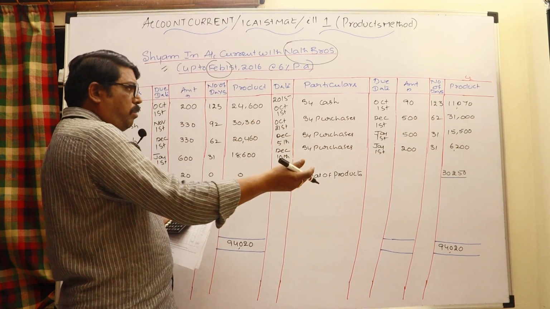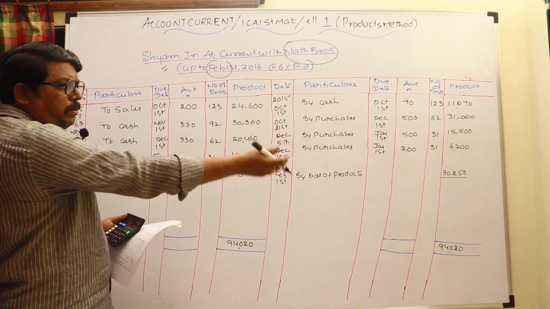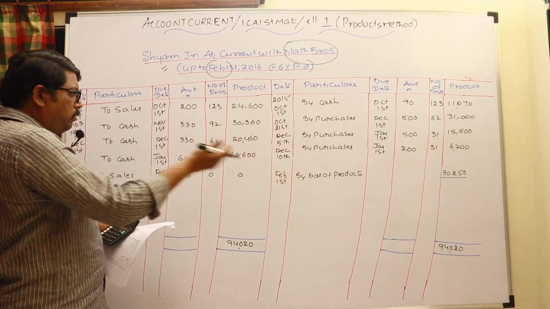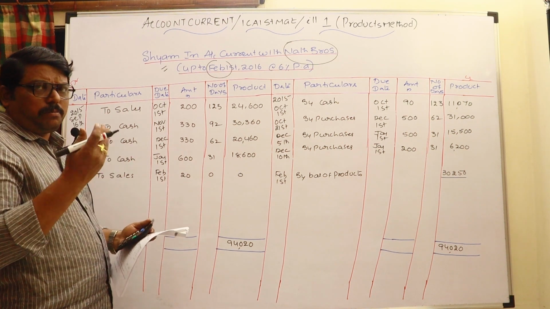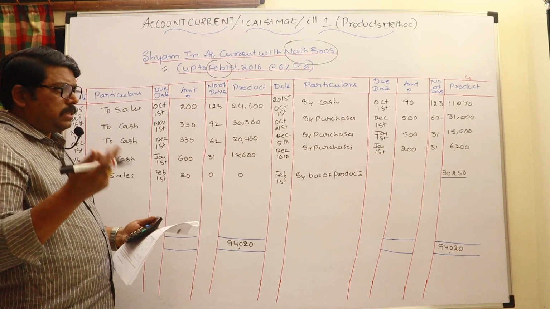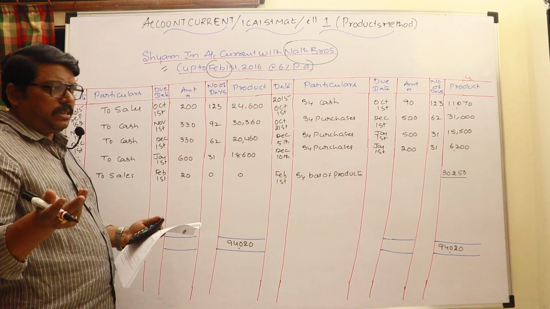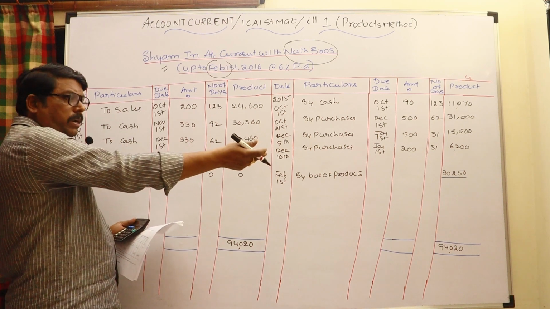Obviously, opposite to the balance of product, you have to write interest. Calculate interest on that balance using the formula: balance of product by 365 into rate by 100. The interest you write on the opposite side to the balance of products.